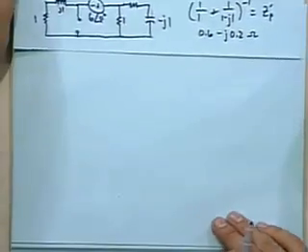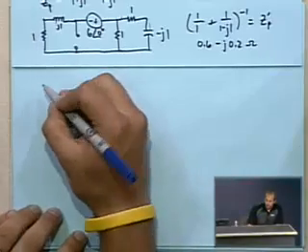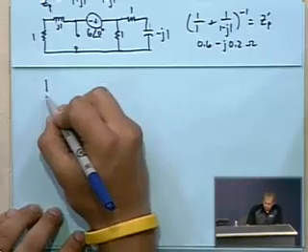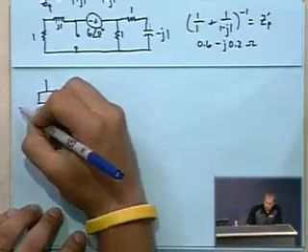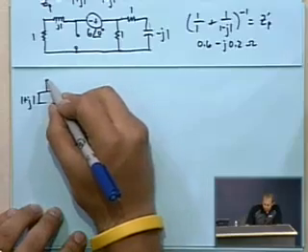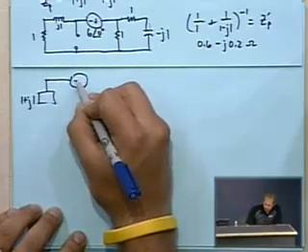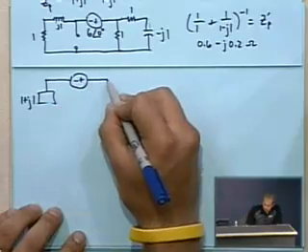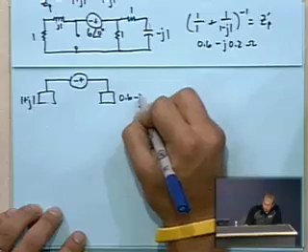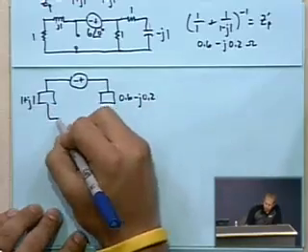Let's replace this circuit. Let's even just make it a little simpler. Here's the 1 plus J1 of the resistor and the inductor. Here's our 6-volt source. Here's the other impedance, which we calculated as 0.6 minus J 0.2.